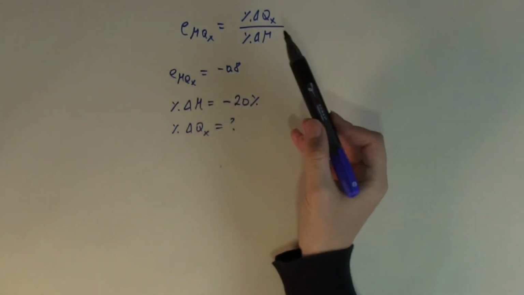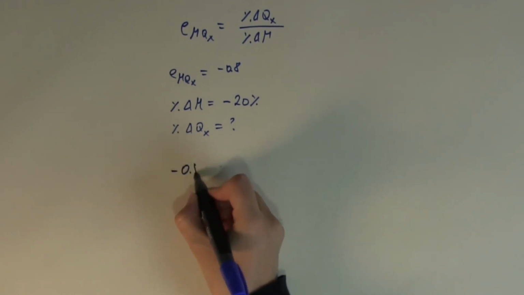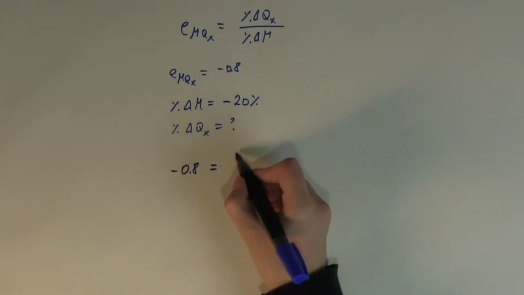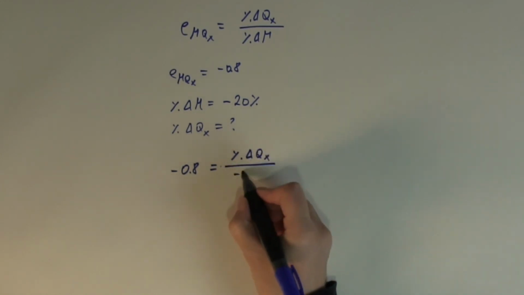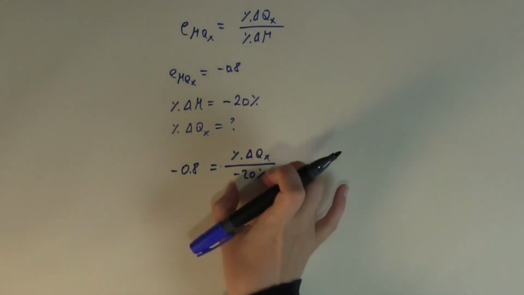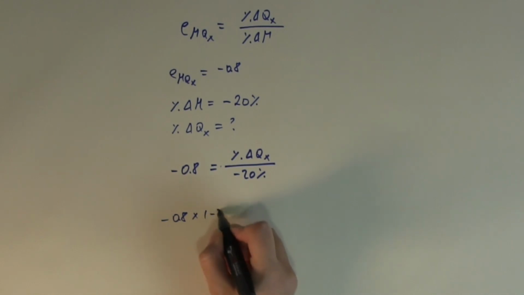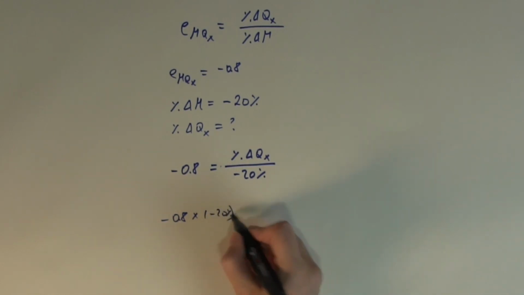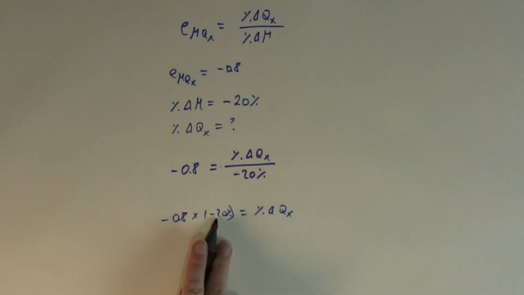So let's put the numbers into the formula and see what they tell us. So minus 0.8 is equal to the demand that I don't know divided by minus 20%. So similarly to the other case, I need to multiply up. Negative times negative will give me positive.